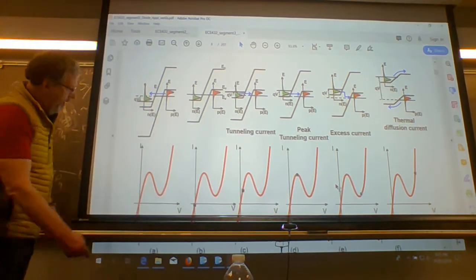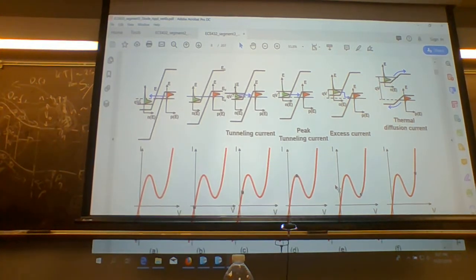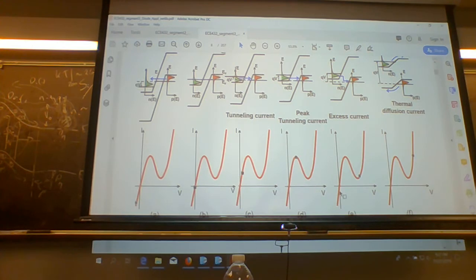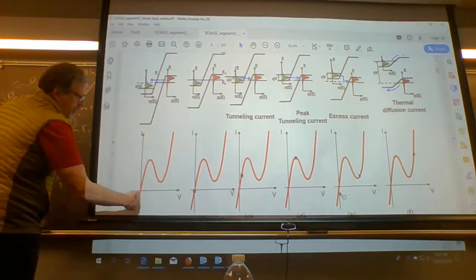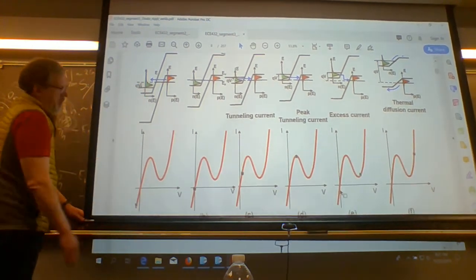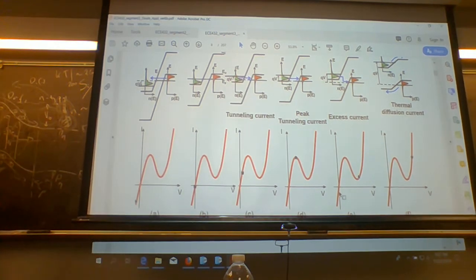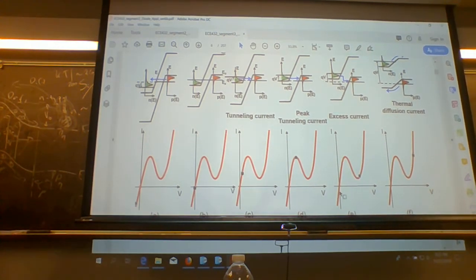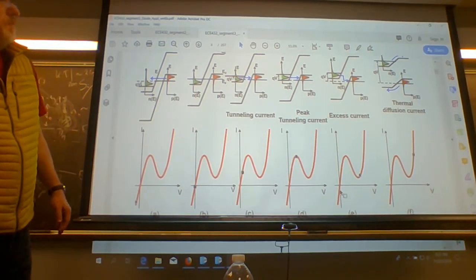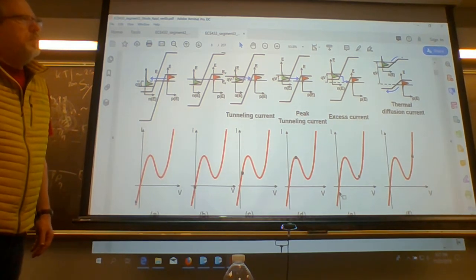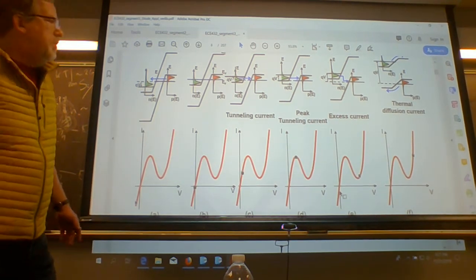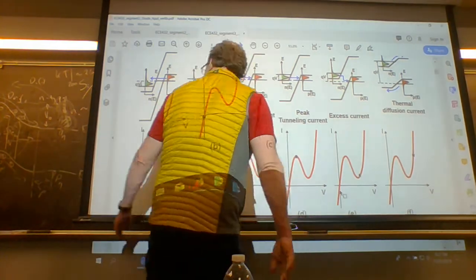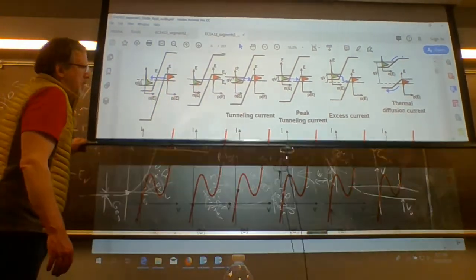And in reverse bias, we get Zener. But the Zener happens immediately. So reverse. It's like a Zener dot, but yes. The thermal diffusion current, is that the same as hot carrier injection? No, this is just your normal diode. I drew this once a long time ago.